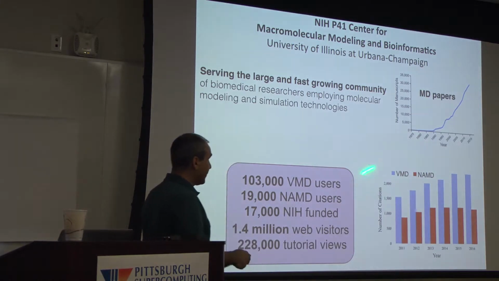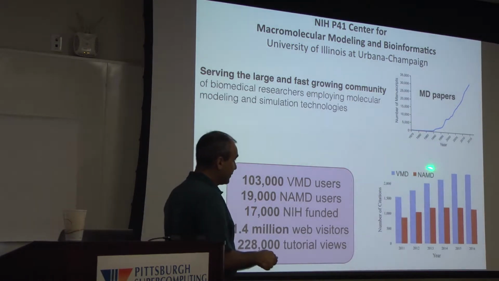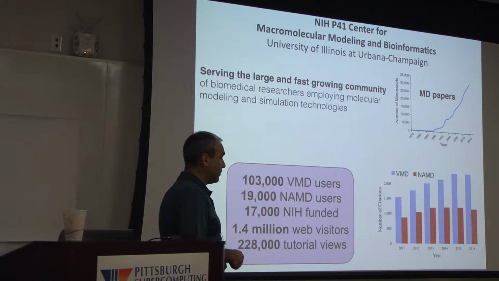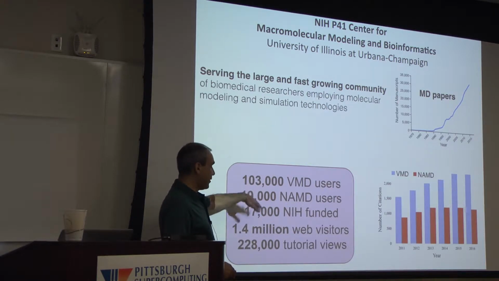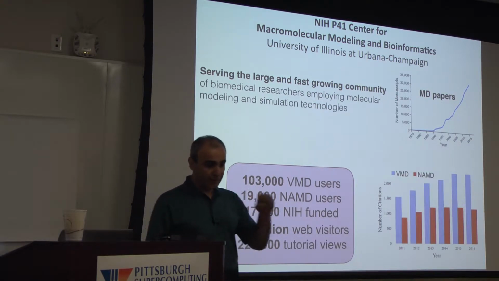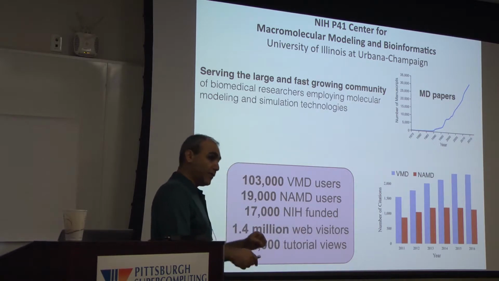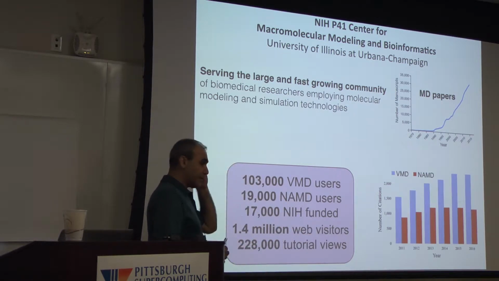In terms of the software that we have, NAMD is the simulation software developed by our center, and VMD is a visualization software. These are the number of users by very conservative measures. We have 103,000 active users that have downloaded the program. The latest version of the program has constantly been there.